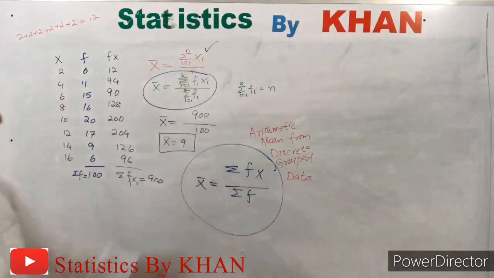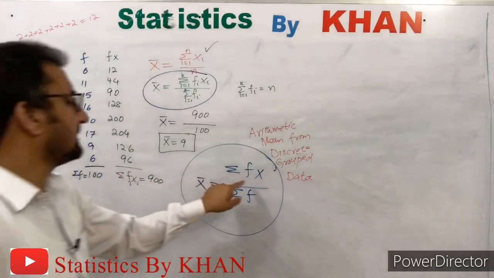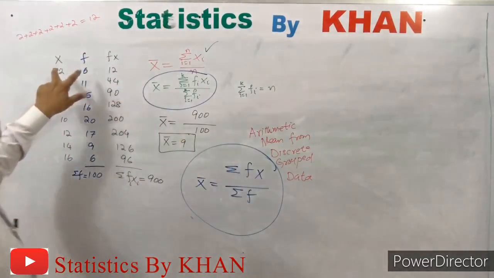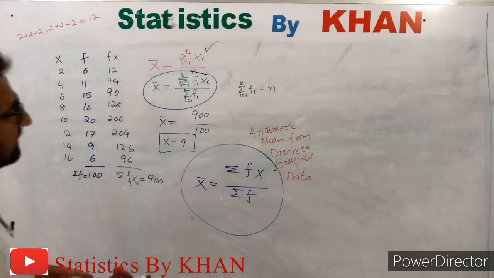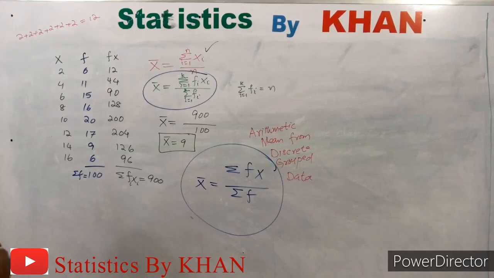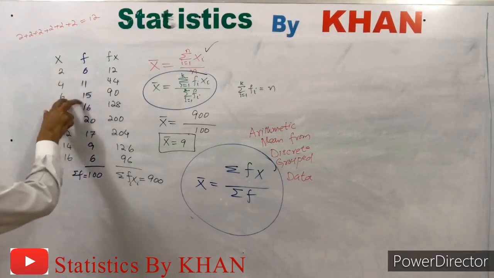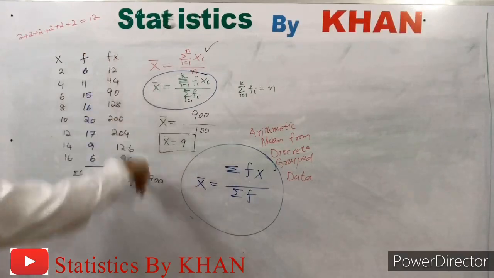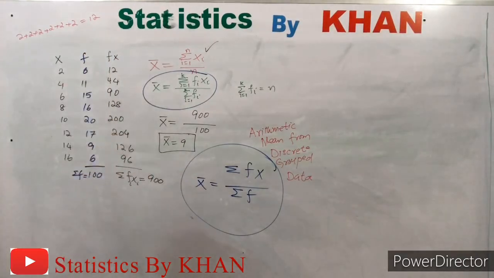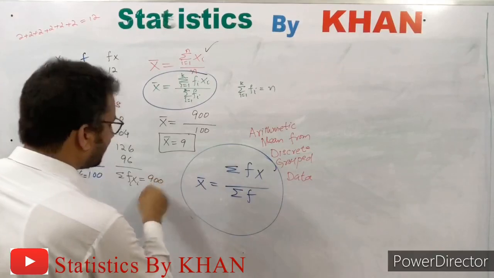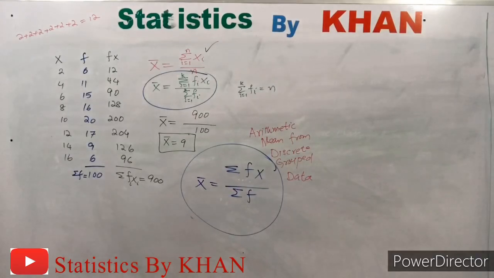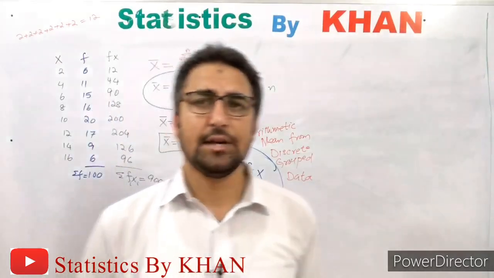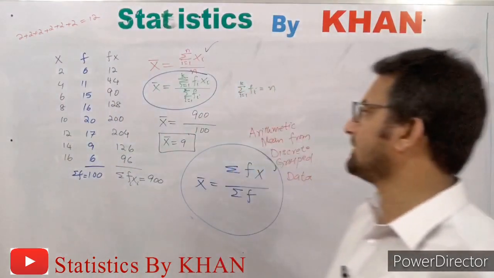In this formula, you just multiply f and x. F and x will be given. Thereafter, you can find the arithmetic mean from a frequency distribution. So just multiply these two columns, and add the resulting column's values. Put this value over here and the sum of the frequencies over here and divide, and you will get the answer very quickly. So this is the method of computation of the arithmetic mean from discrete data.